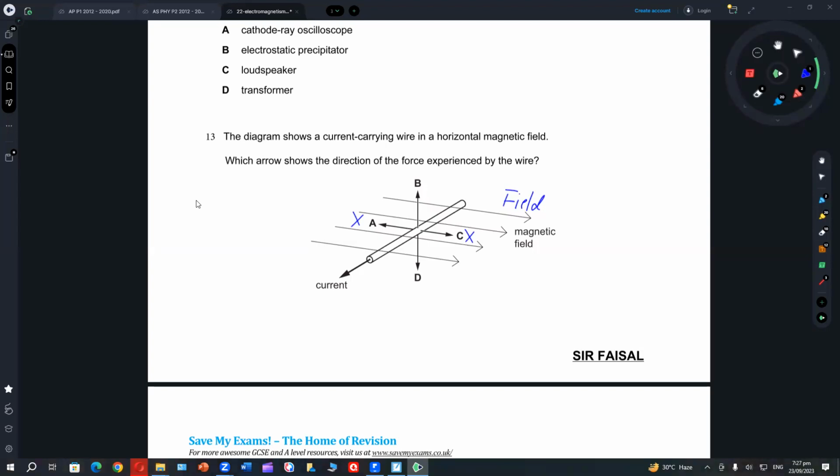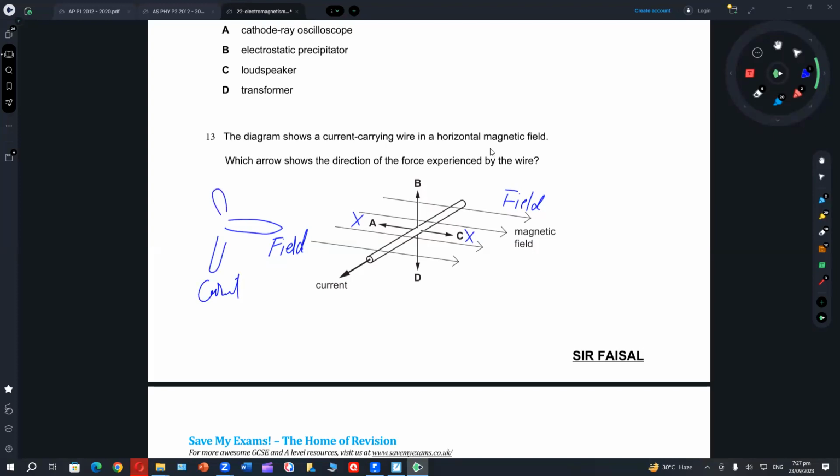Current is coming towards you, and magnetic field is left to right. So this is field. This is current.